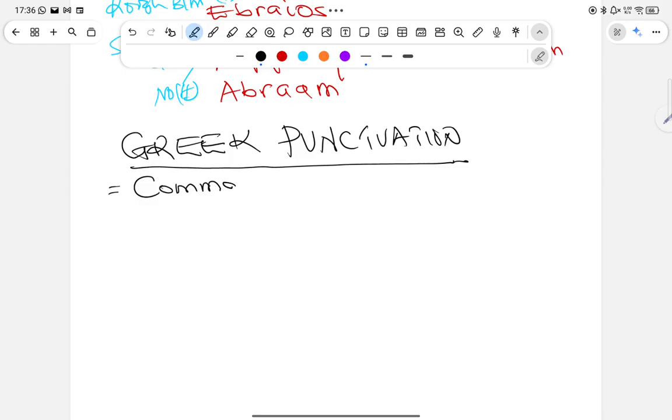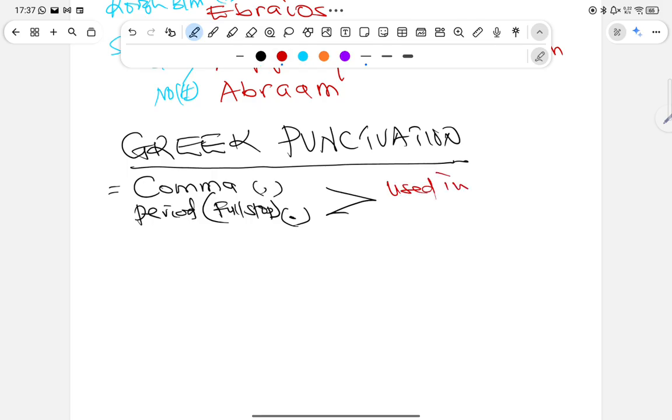The comma, which is like that, and the period, or what we'll call full stop, are used in a similar form like English.